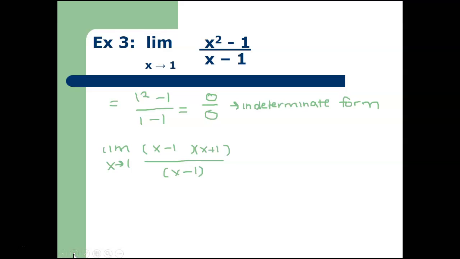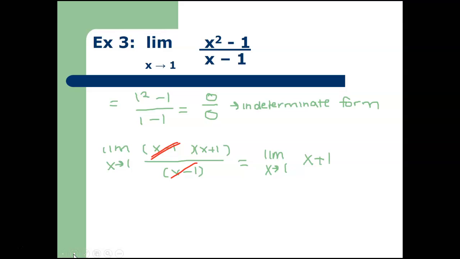Upon doing so, we're able to cancel the x minus 1 from the numerator and the denominator, which means this problem behaves exactly like x plus 1.